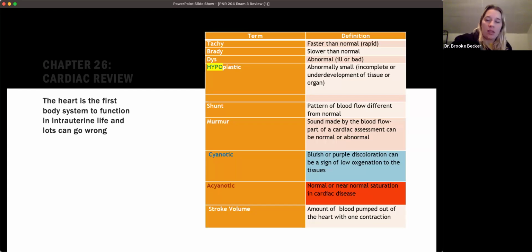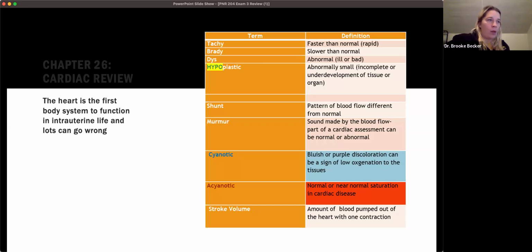Cyanotic is going to be discoloration. They're going to be blue. They're going to have low oxygenation in the tissues. Acyanotic is they're going to have normal saturations. So that's how you look at cyanotic lesions versus acyanotic lesions for cardiac stuff. If it's cyanotic, they're going to have less oxygen circulating.